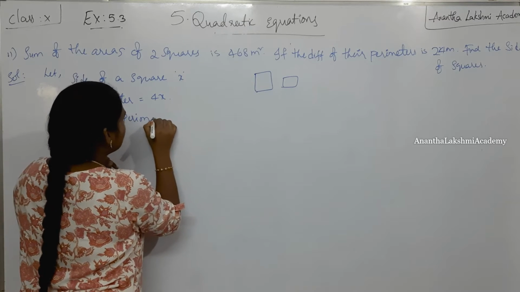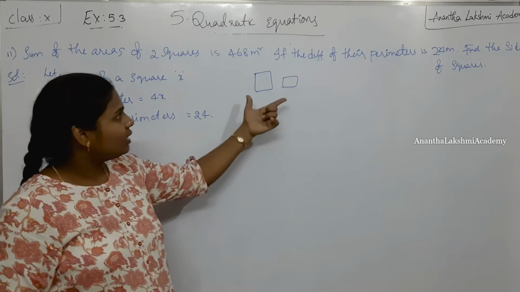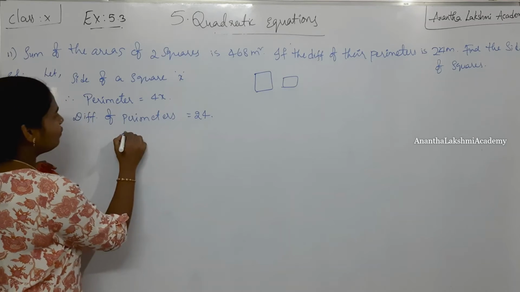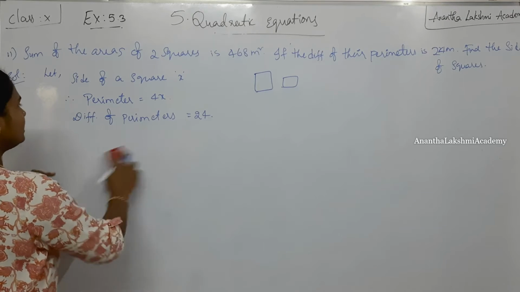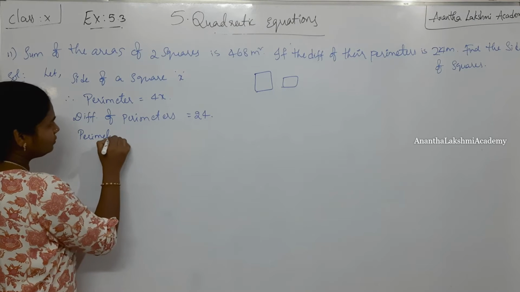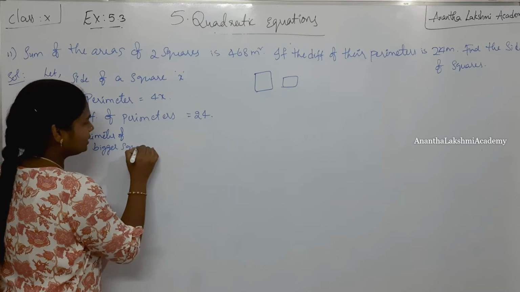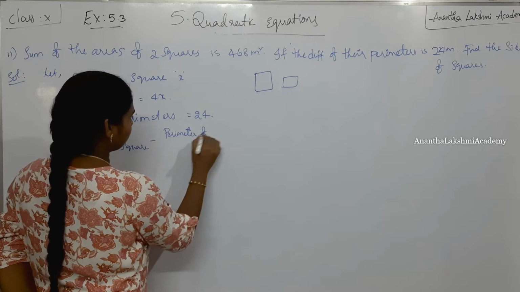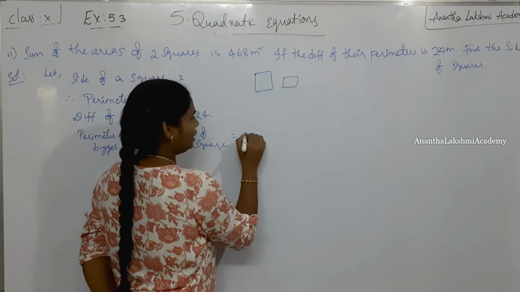When I said there must be a bigger square and a smaller square, the difference of perimeters is nothing but perimeter of bigger square minus perimeter of smaller square, which is equal to 24.